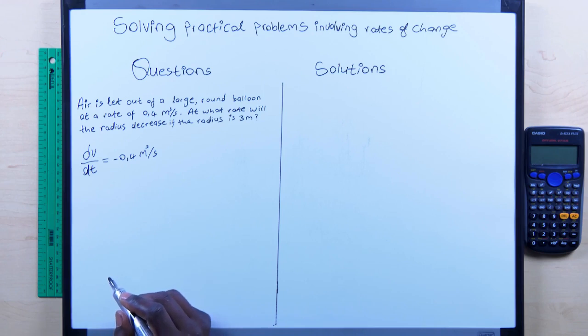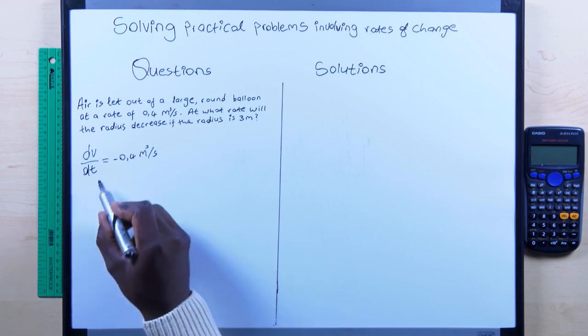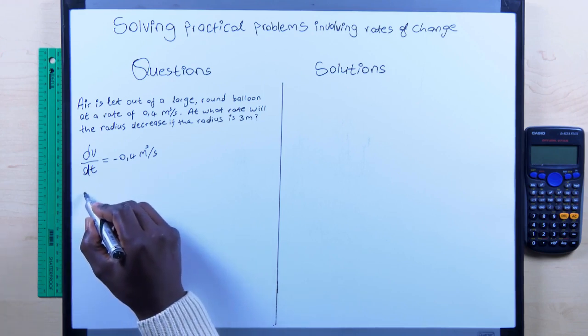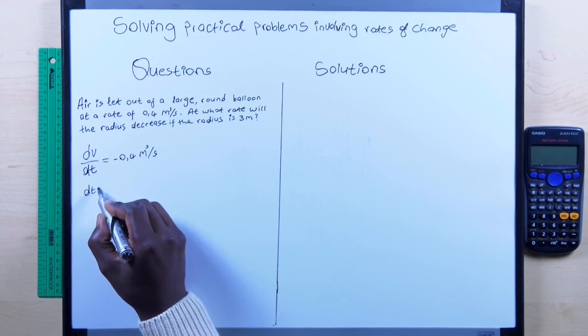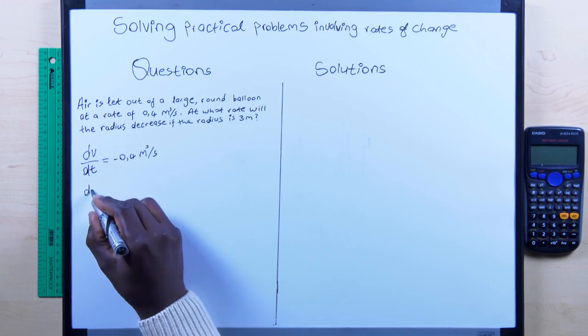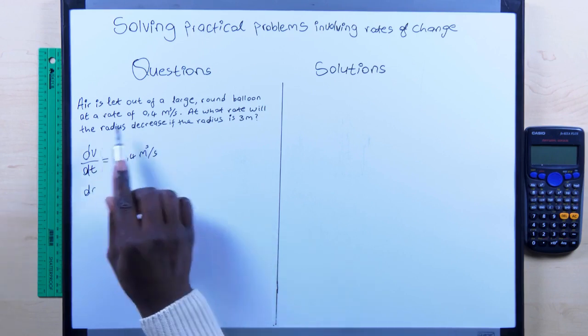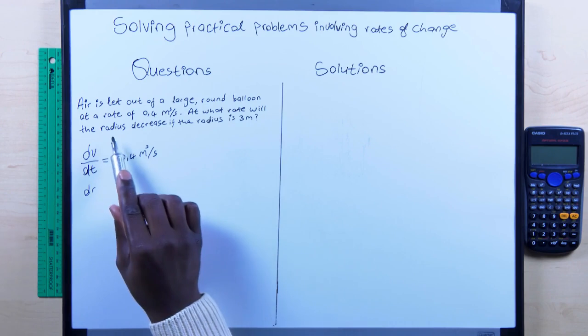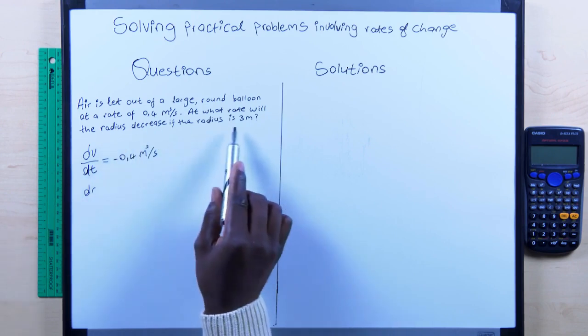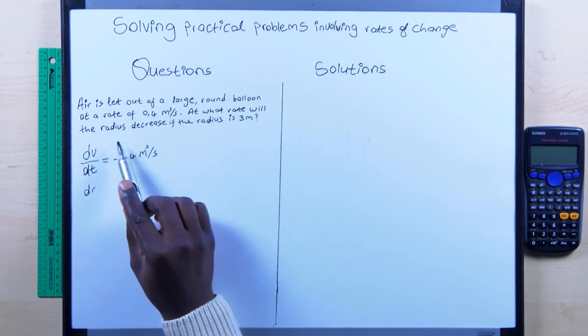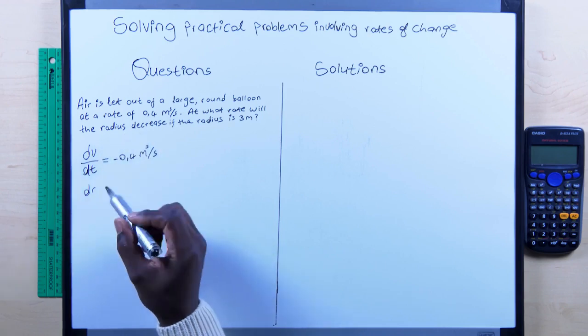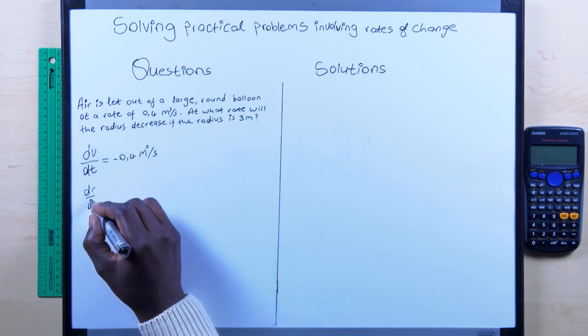The next thing we know is that we have an unknown, the derivative of the radius with respect to time. So at what rate will the radius decrease? So we need dr/dt.